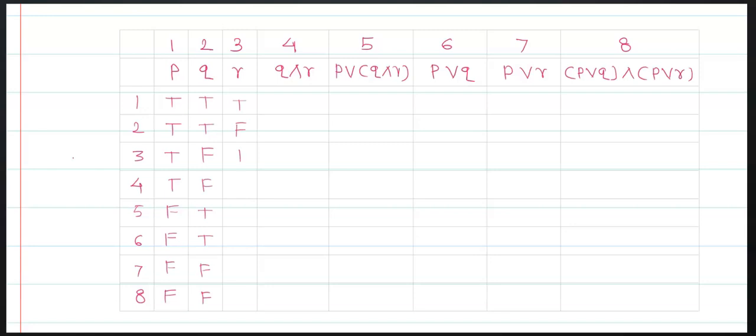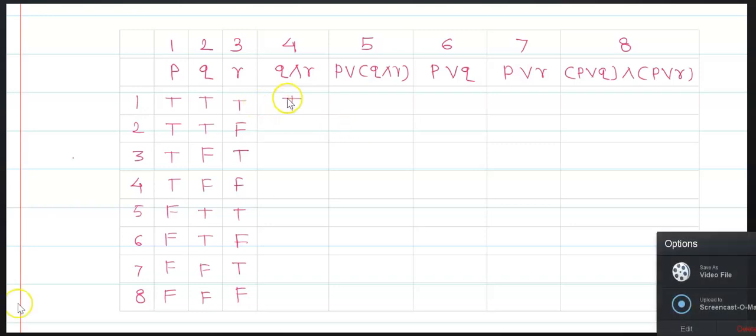TF, TF, TF, TF. Now we will find the AND between Q and R. For the AND statement, if both of them are true, then it is true. Therefore: true, true, false, false, again true, false, false, and false.